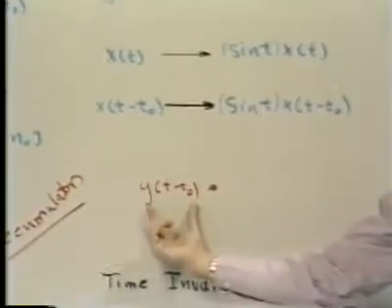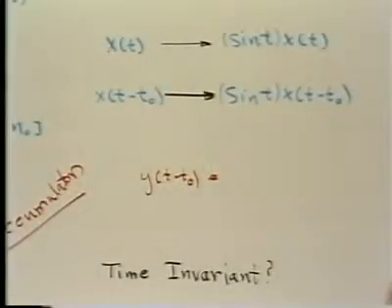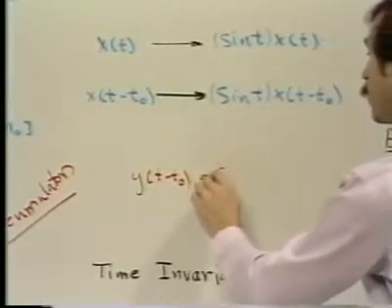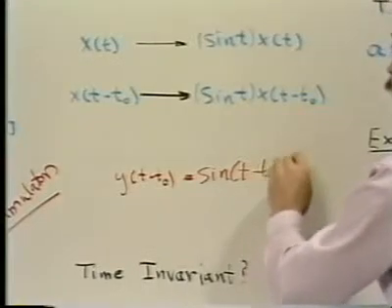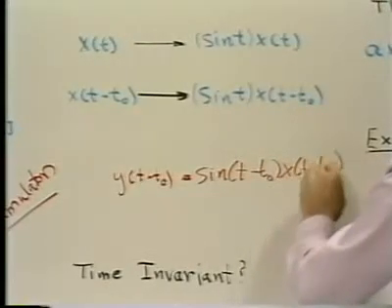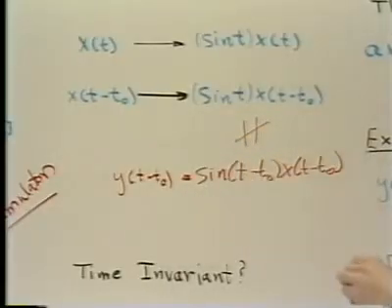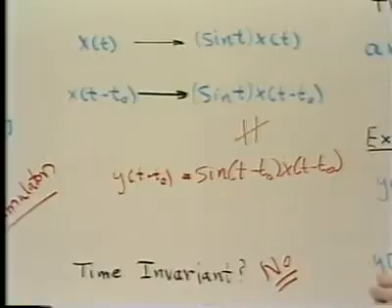whereas if we were to take the output of the system with x of t as the input, then what that would correspond to is sine(t − t0) times x(t − t0). And since these two are not equal, this system is not time invariant.